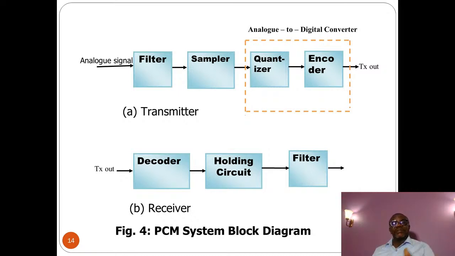You see the transmitter has the analog signal coming in, it is filtered by a low pass filter, then sampled, then quantization and the encoding is done by the analog to digital converter circuit. Then the transmitter output goes out.